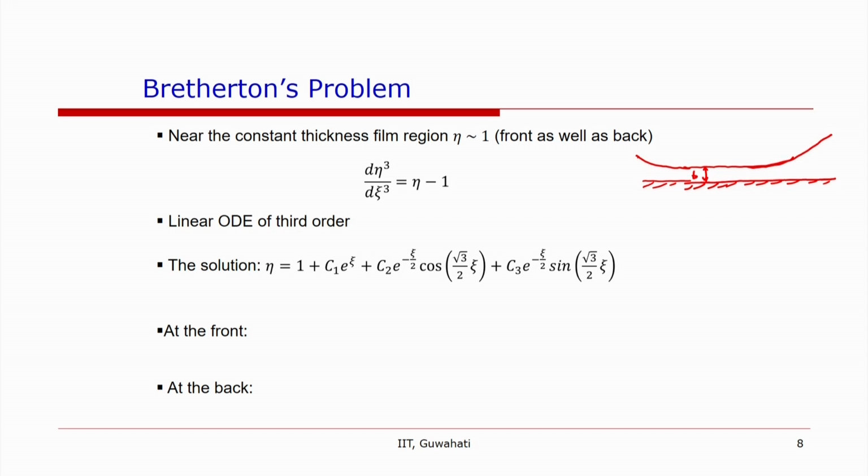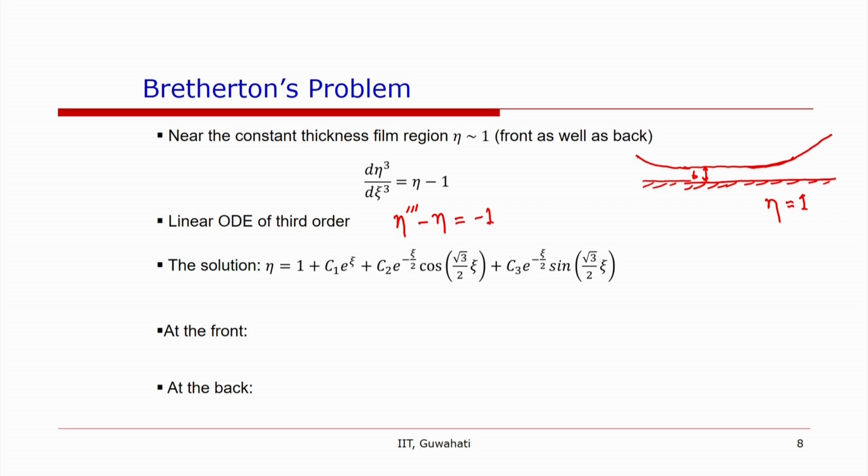So in this region eta is close to 1, so eta cube can be approximated as 1, so that the equation can be linearized, and one gets the linearized equation in this form, which can also be written as eta triple dash minus eta is equal to minus 1.